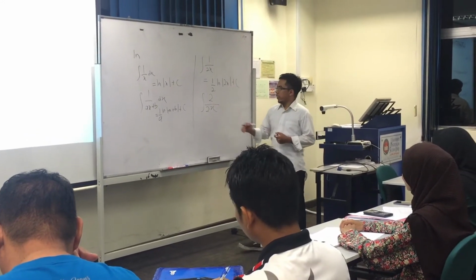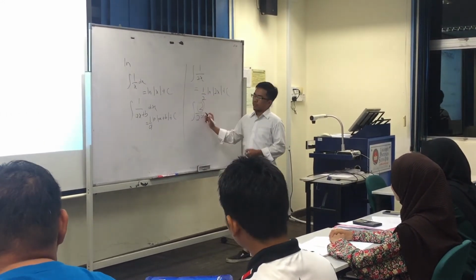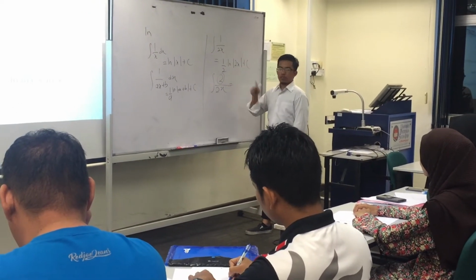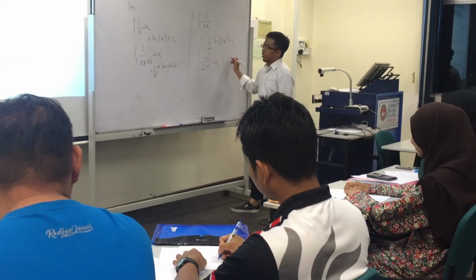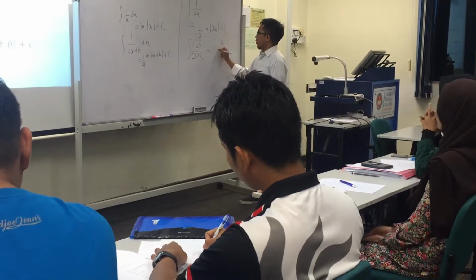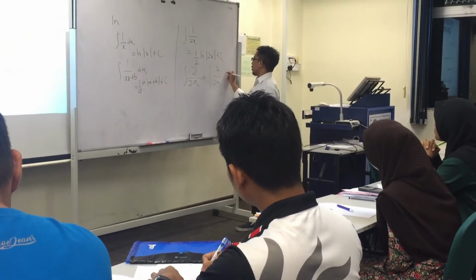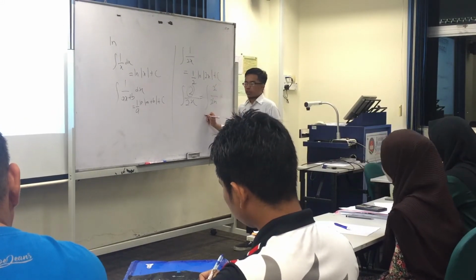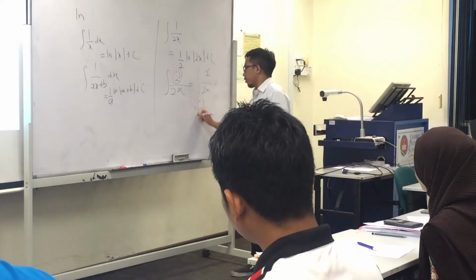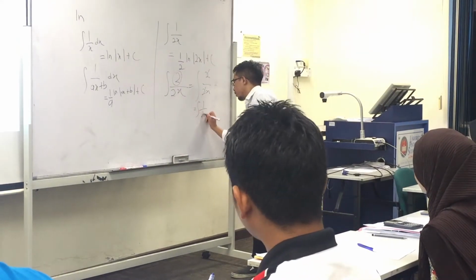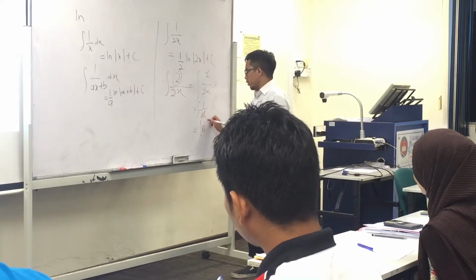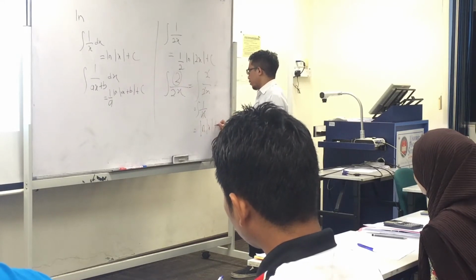The tricky part is this. We can factorize it, and the 2 we can simplify. It will be 1 over x, and the solution is ln x plus c.